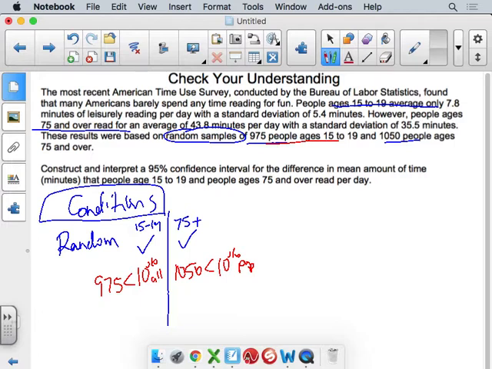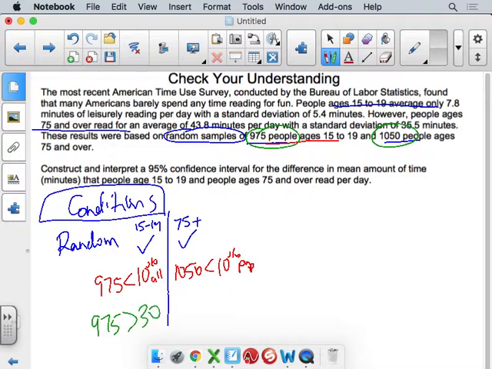And then, is our distribution normal? The way you do that is, is your population normal? Is the sample size bigger than 30, or is the sample data not skewed? In this case, bigger than 30. If you have that, then you're good.